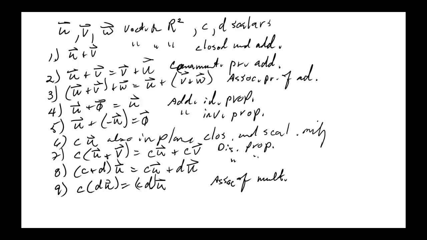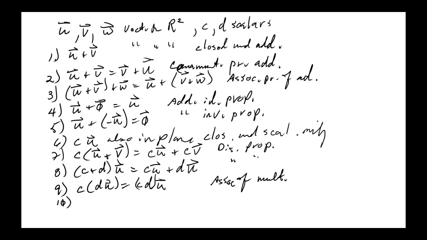That gives you a vector. And then multiply that vector by another scalar, which is scalar multiplication. That's the same as multiplying the two scalars first by the vector. So it's that form of the associative property of multiplication. We can't do much more, because you can't do C times UV, since we haven't defined what vector multiplication UV is.